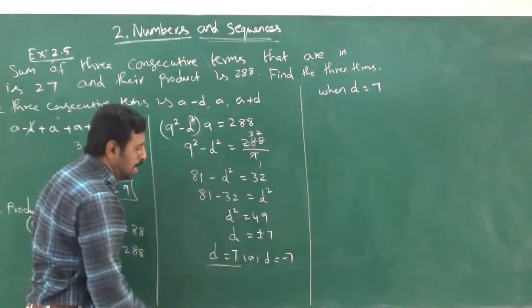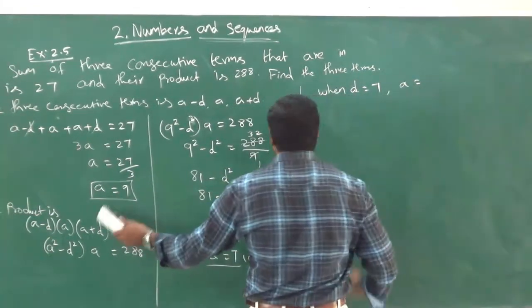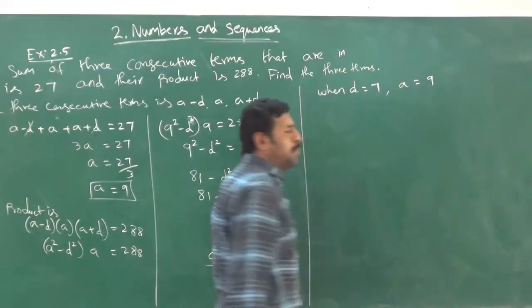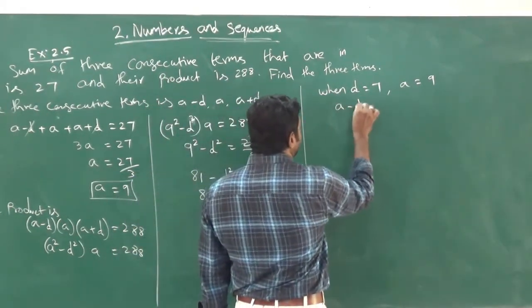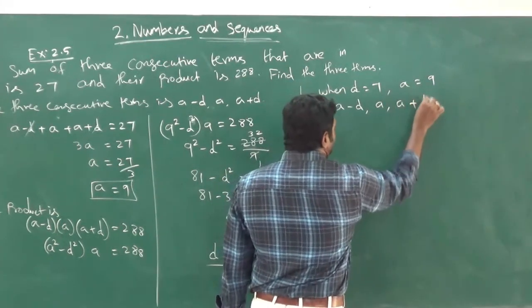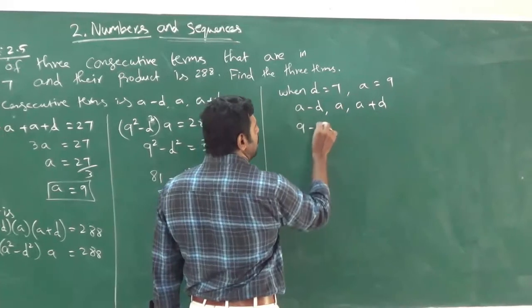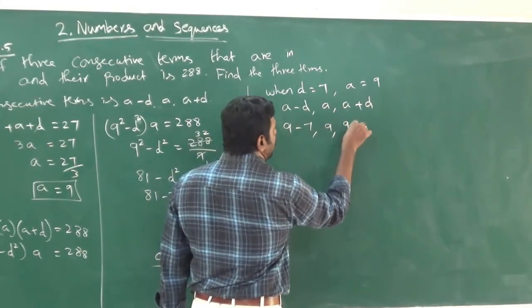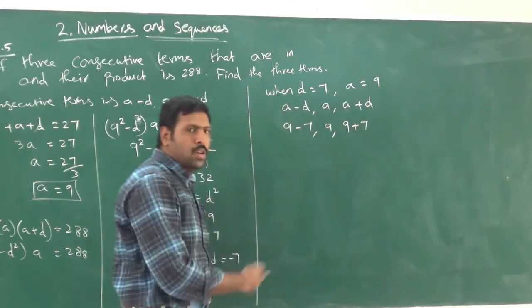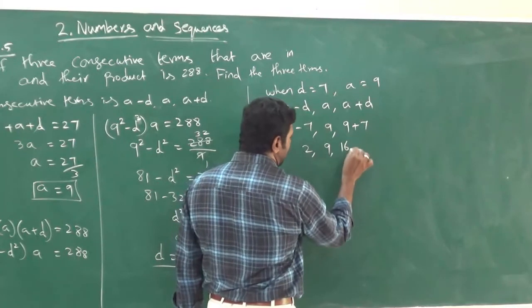First I take d is equal to 7 and a is equal to 9. Now apply the a and d values in these three consecutive terms, that is a minus d, a, a plus d. a is 9 minus d value is 7, and then a is 9, and here 9 plus 7. So we get the values 2, 9 and then 16.